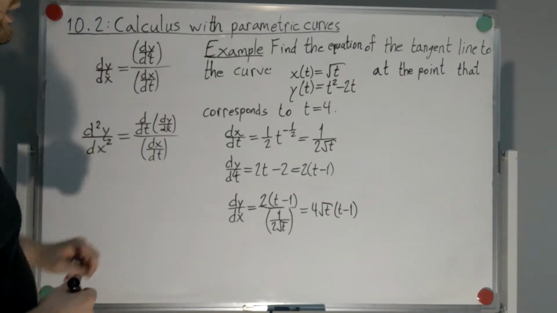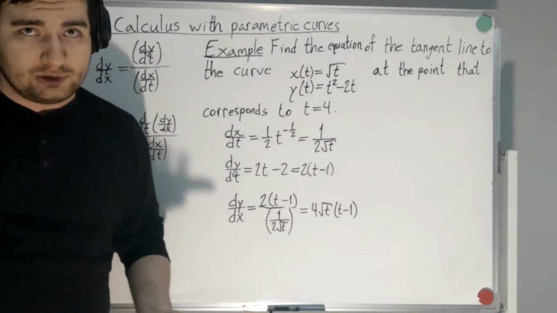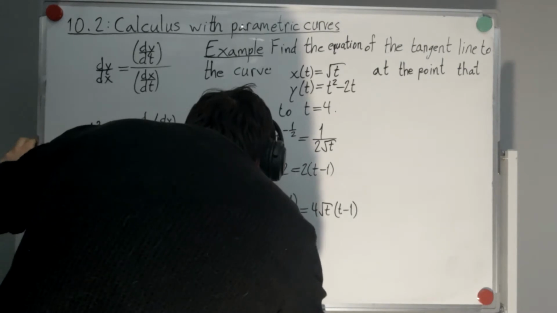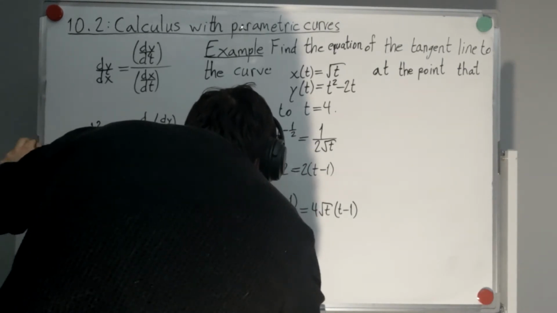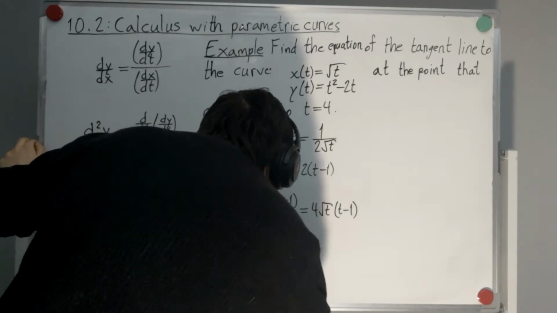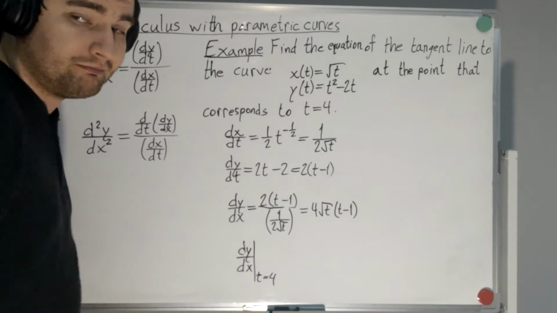Okay, as I was saying, we're interested in where t equals 4. So, of course, we want the slope when t equals 4. So you say dy dx evaluated at t equals 4. The bar just means evaluated at.